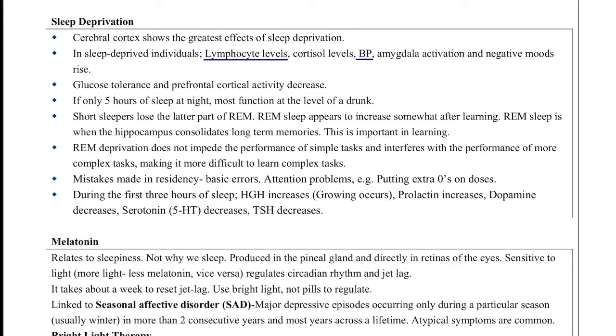So when the amygdala is going to be activated, a person would be more prone to anger. And the ability for glucose tolerance and prefrontal cortical activity decreases. You can't think properly. If a person sleeps only 5 hours of sleep every day, they will function like a drunk person.